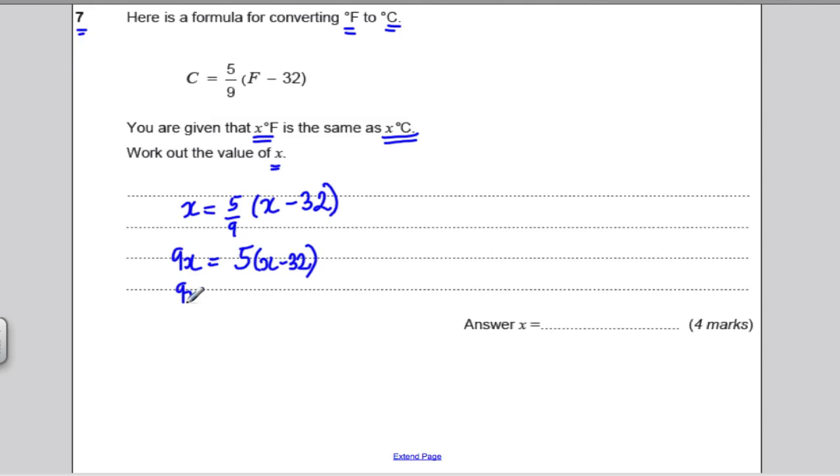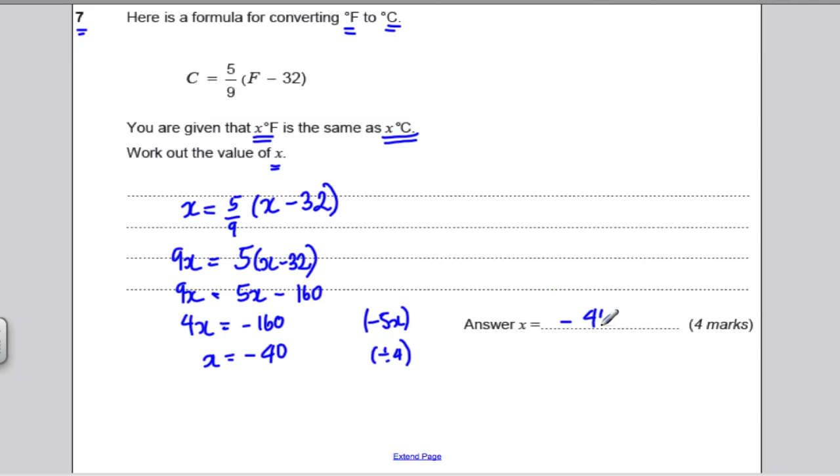Expand this bracket, 9x is equal to 5x minus 160. And then we should subtract 5x from both sides. So we would get 4x is equal to minus 160. Then divide both sides by 4, and I would get x is equal to minus 40. So the answer is x is minus 40, and the unit is either Fahrenheit or Celsius.